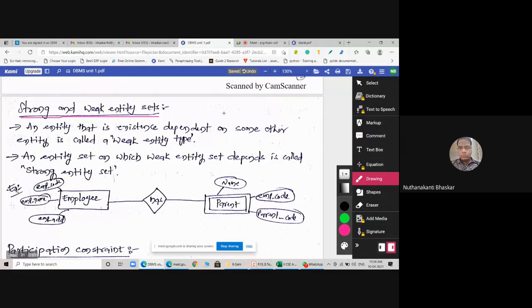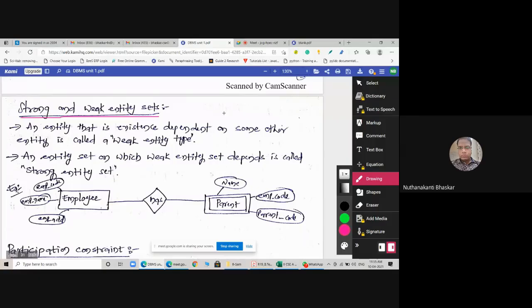A strong entity never depends on any other entity. A strong entity has its own uniqueness, so it is strong. A weak entity always depends on some other entity, so it is called a weak entity. Are you clear?